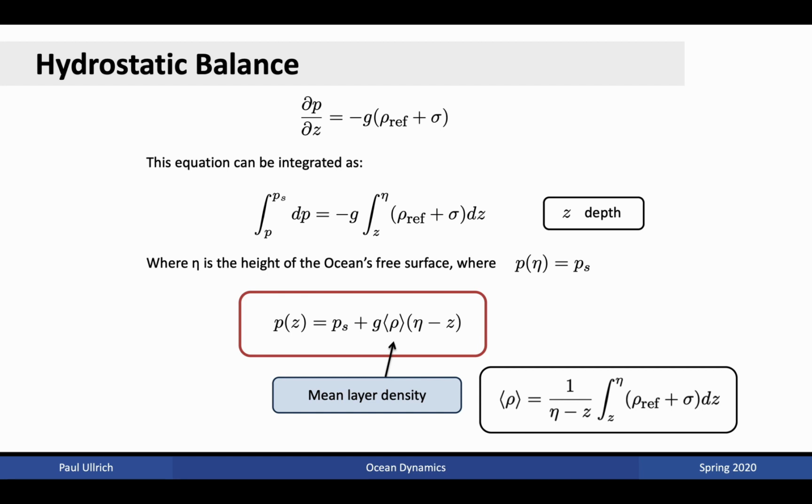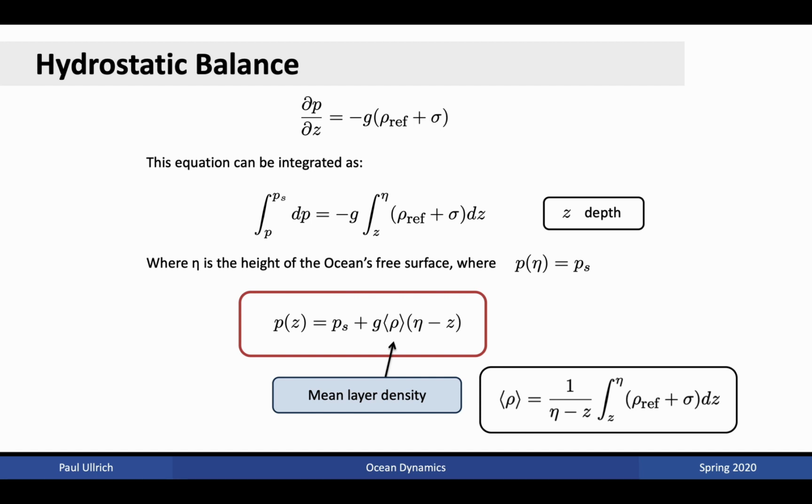To understand where these horizontal pressure variations come from, consider back to our expression for hydrostatic balance of the ocean. This expression relates vertical variations in the pressure to the density field. We can integrate this expression from some depth z to the free surface, which occurs at z equals eta.